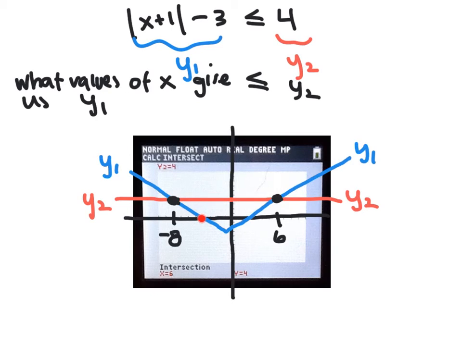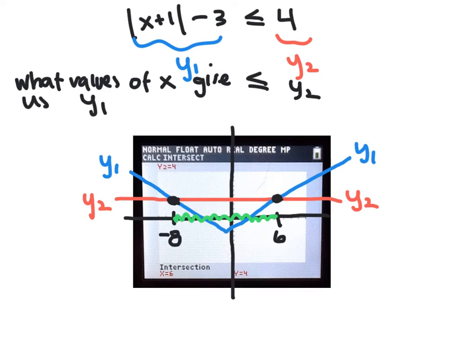Or if we want to read it a little bit differently, all these x values give us y1 smaller than y2. So the x values in between negative 8 and positive 6 will give us y values such that y1 is below y2.